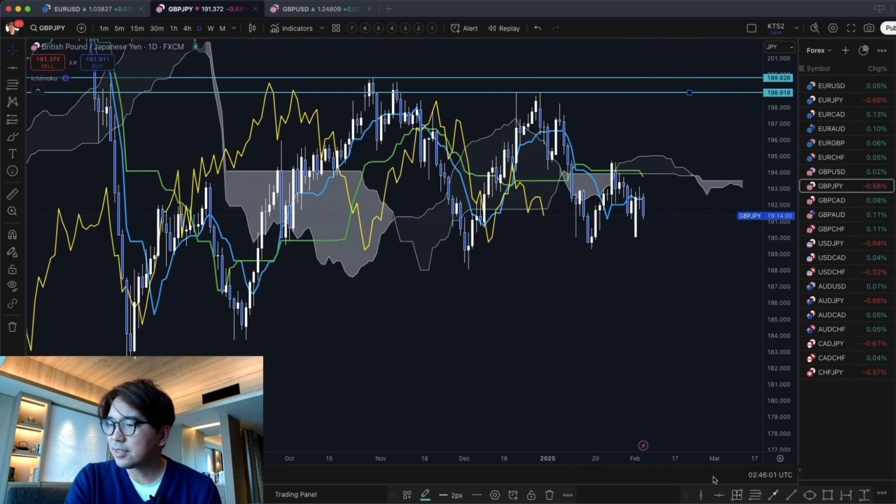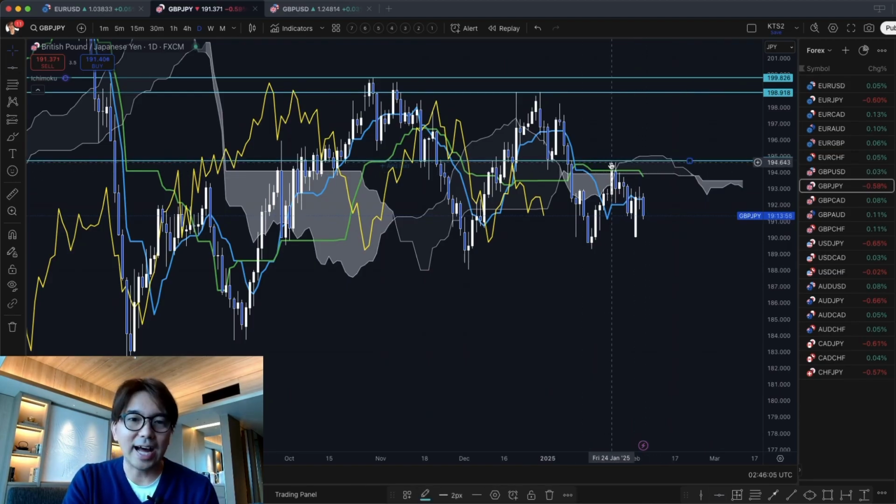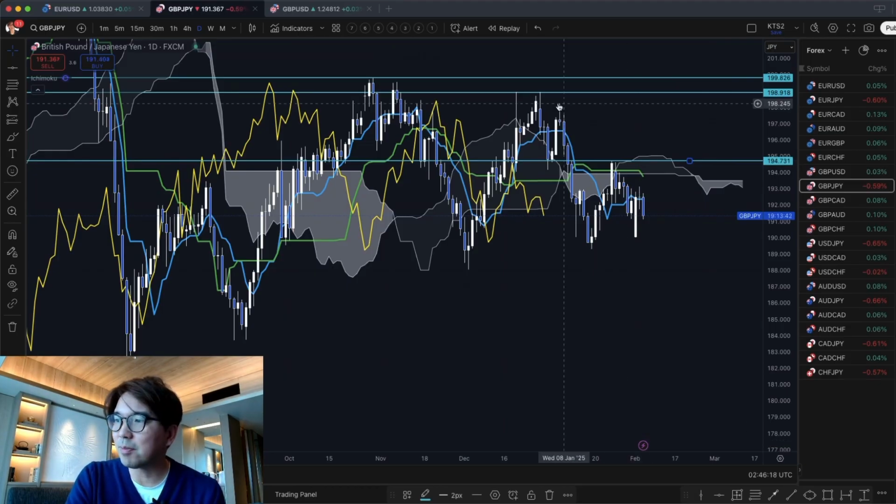And third, there is another line over here. This is also a swing high. After this, the market retraced and is a bit down now. So I draw the line over here too, on 194.73.